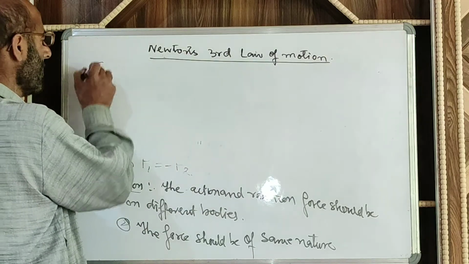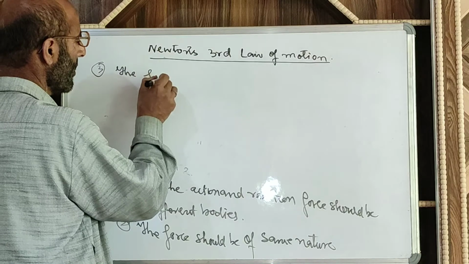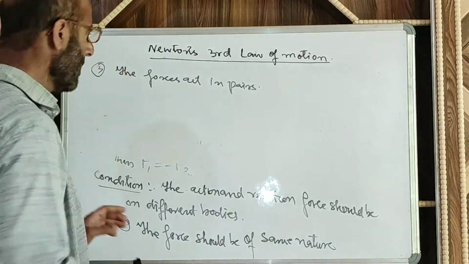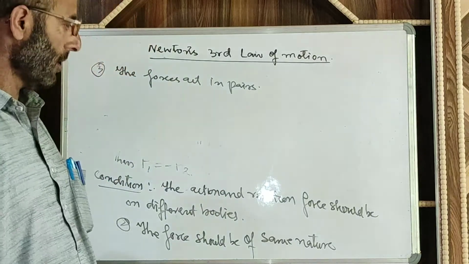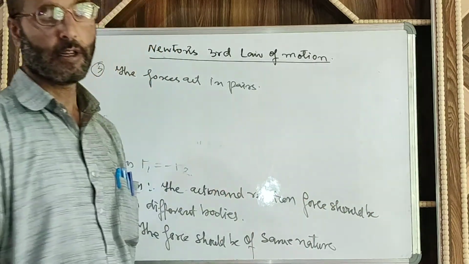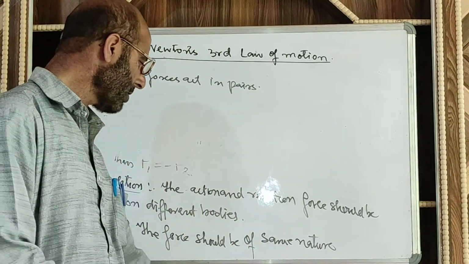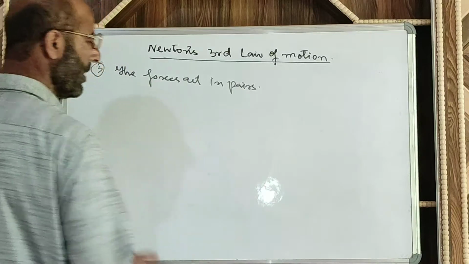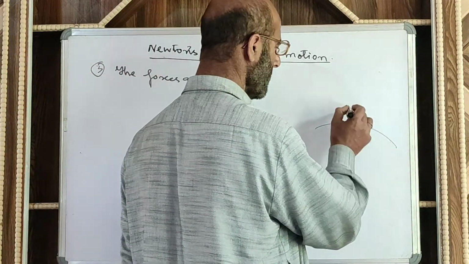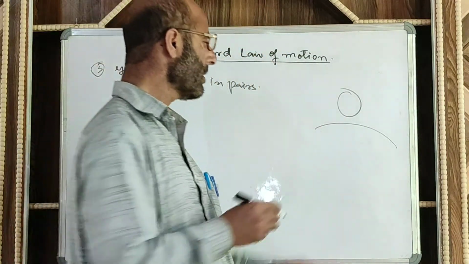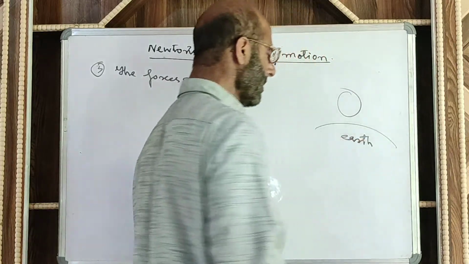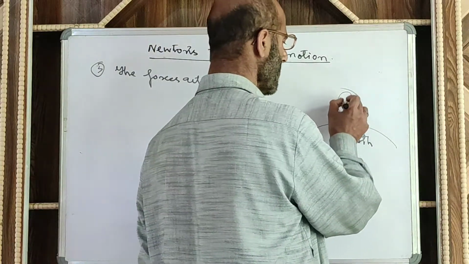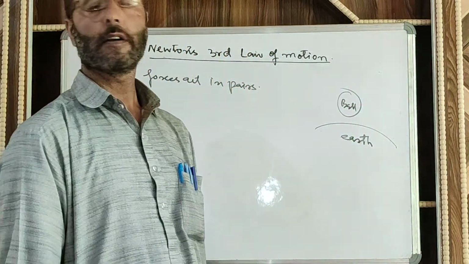Number third, the forces act in pairs. फोर्स पेयर्स में एक्ट करते हैं. जितना फोर्स एक अप्लाई करे उतना ही दूसरा फोर्स. सो ये हैं कंडीशंस फॉर न्यूटन्स थर्ड लॉ ऑफ मोशन, that they should be in pairs. पेयर्स क्या हो गया, मतलब for example, if there is a ball on the earth, the earth applies gravitational force on this ball, and the ball also applies gravitational force on the earth.